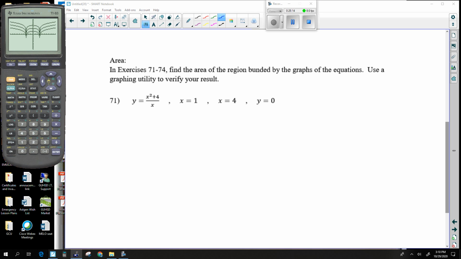I hope this doesn't have any jumps. I don't think it does. I don't think they're being cruel. So this is what, x squared plus 4 divided by x, from 1 to 4. Yeah, so it's continuous, 1 to 4. Okay. Think.